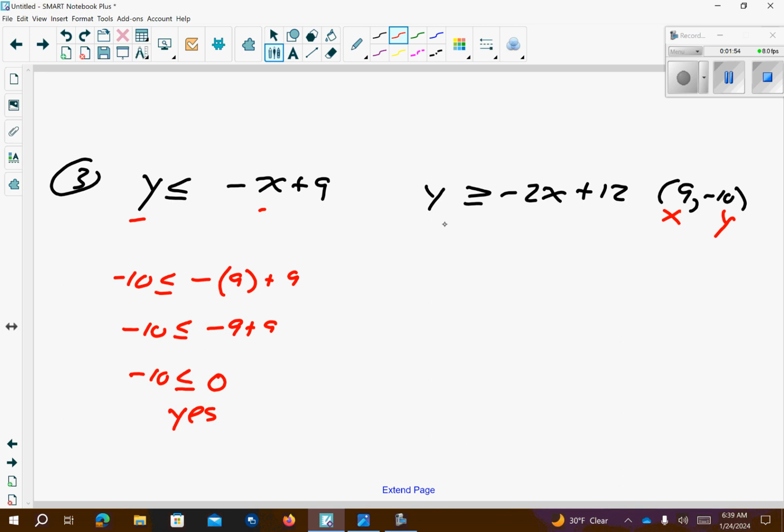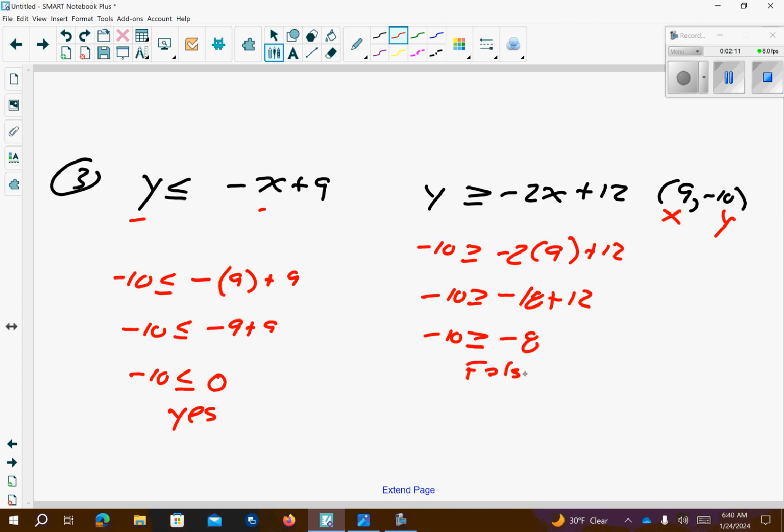Then we're going to take negative 10 and plug it in. So I get negative 10 is greater than or equal to negative 18 plus 12. So then I get negative 10 is greater than negative 8. This is false. Negative 10 is a smaller value. It's more to the left, so this is not a solution.